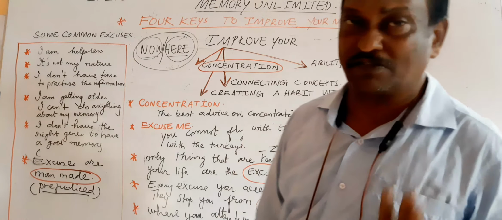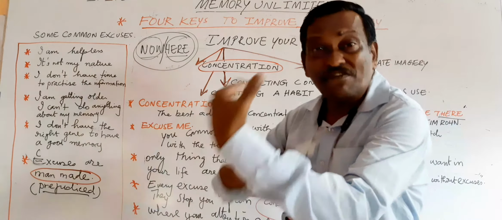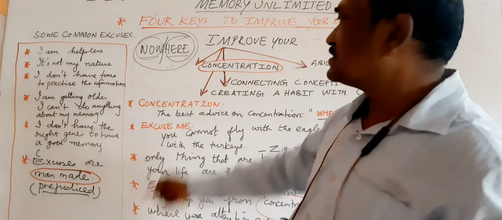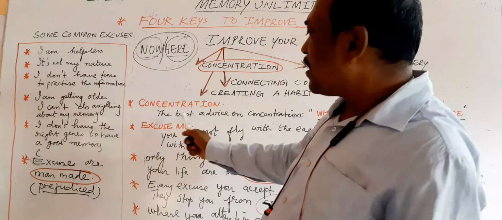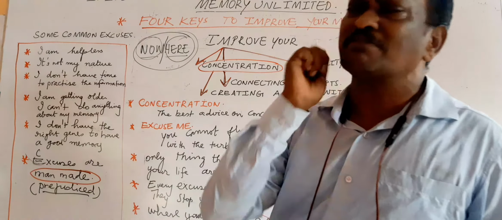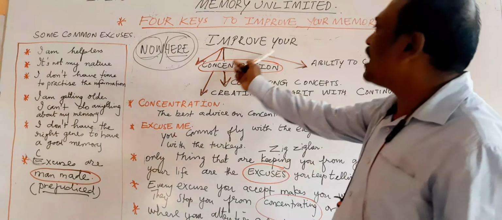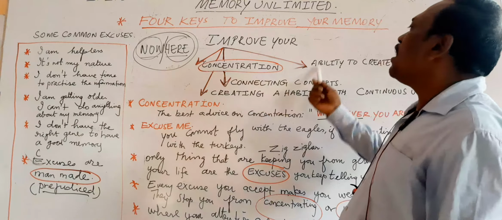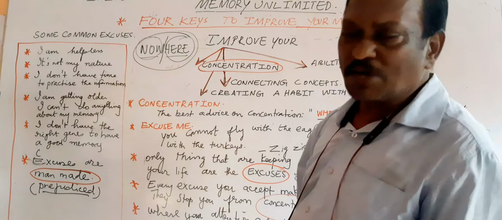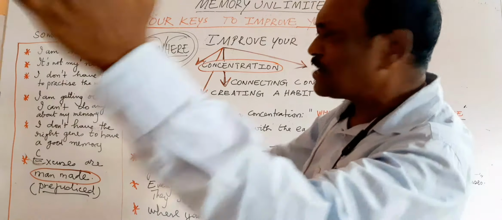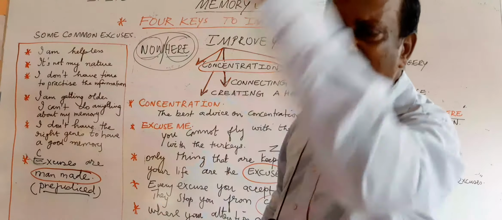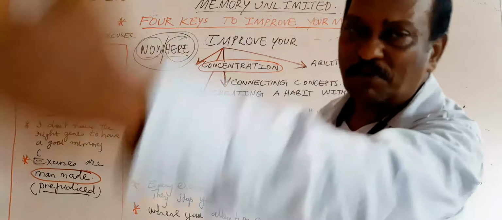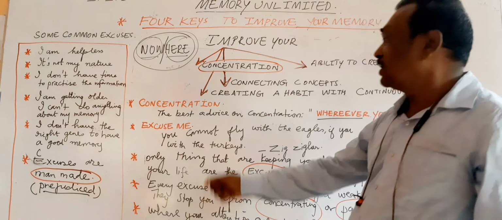Giving excuses, trying to defend yourself is the number one enemy of memory. As long as you keep giving excuses, remember, you will have no possibility of improving your memory, because it puts a full stop. Excuses stop you. They stop or make the journey of success incomplete. They become a hurdle.